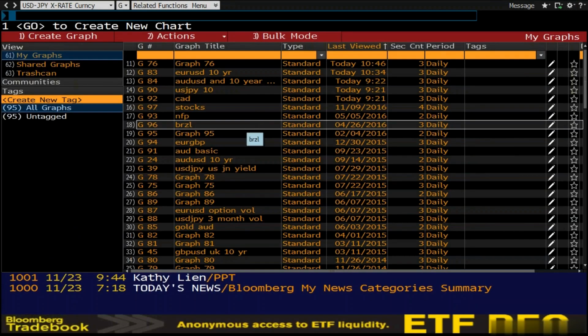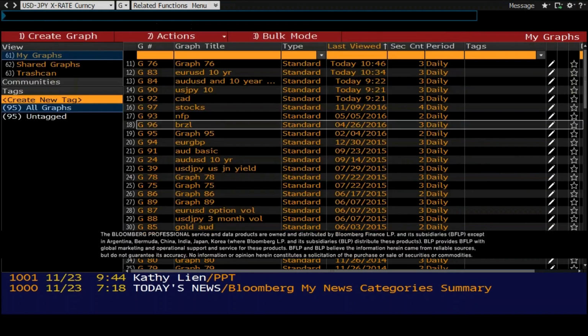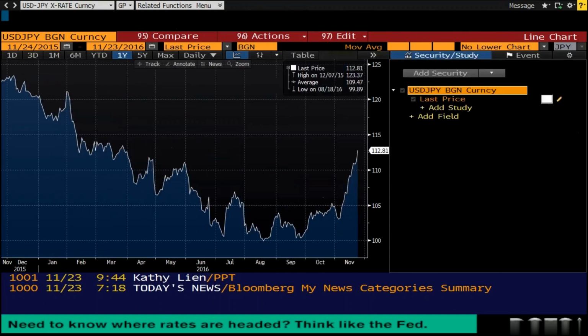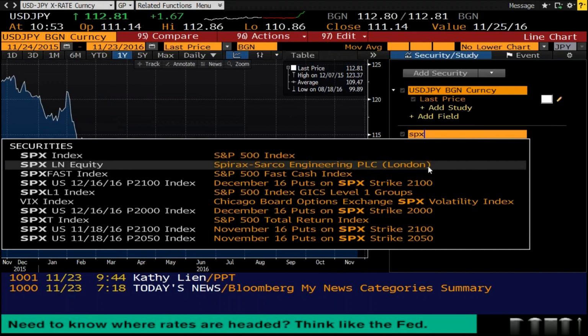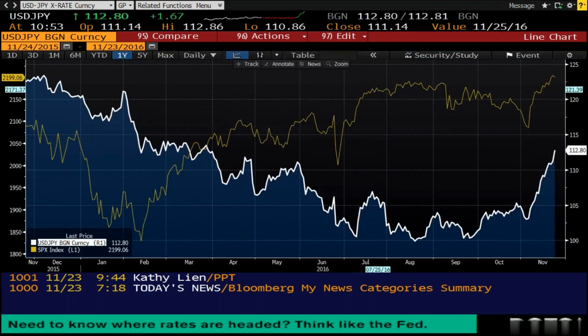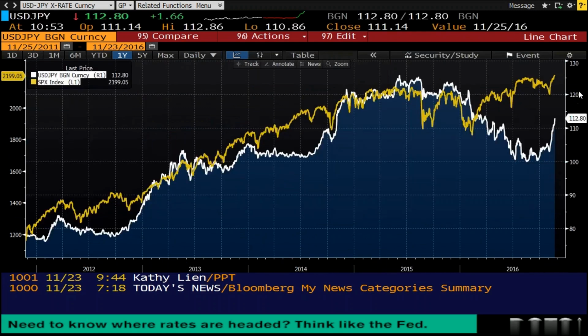Let's just do dollar yen again. And I'm going to put the stock market, S&P, over it. So you can see dollar yen on a 5-year basis has a very strong correlation with U.S. stocks.